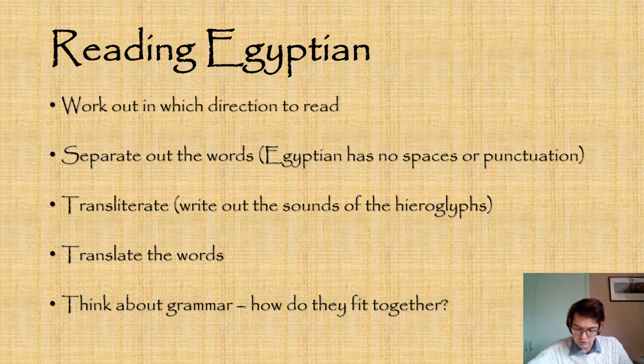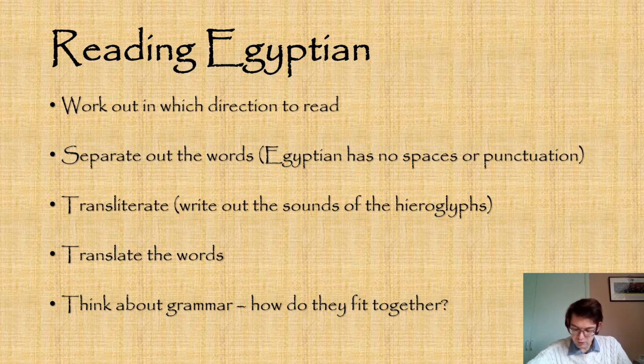This is why it's important to remember that the signs conveying sounds come at the start of a word, and determinatives come at the end. So when we see a determinative, chances are that a new word will be starting soon after it. Once we've separated the words out, we can then transliterate.